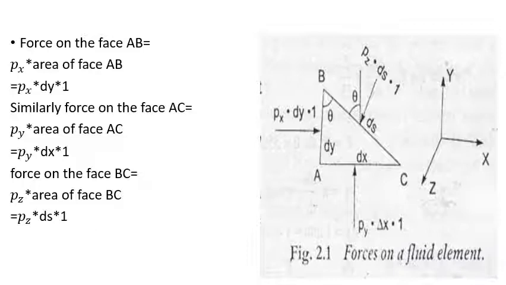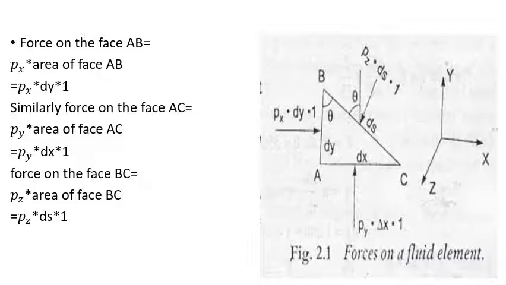Next, the force on face AB. The force on face AB is the pressure acting in the direction of x, Px, times the area of face AB, which is dy into 1. Similarly, the force on face AC is Py times the area of face AC, which is dx into 1.